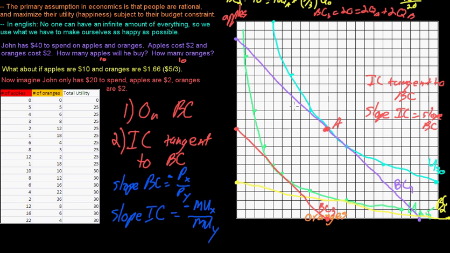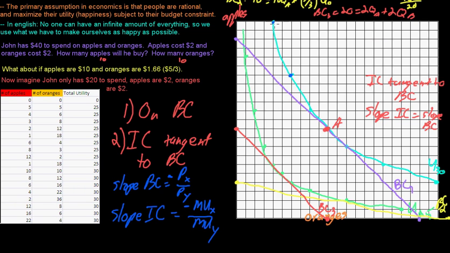If you are on the same indifference curve, you are just as happy at any 2 points. So let's pick this point and this point right here. So shifting from here to here, you gain 2 oranges and you lose 1, 2, 3, 4, 5, 6 apples.